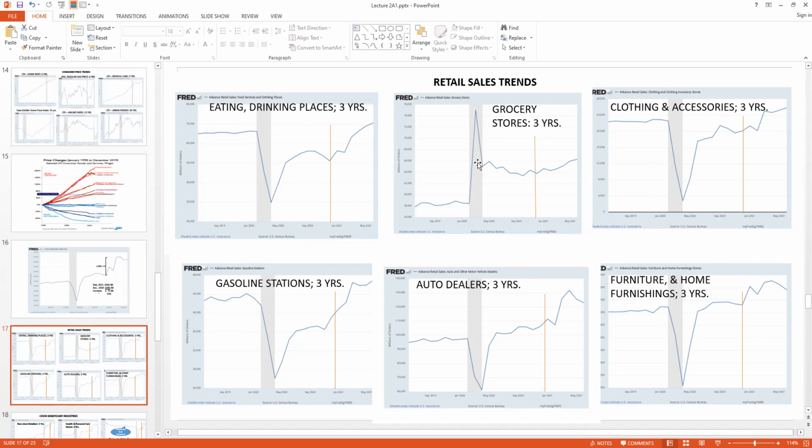You can see that here, as the recovery occurred, grocery store sales moderated, but have leveled off at a point which is substantially higher than the pre-COVID level, which tells me that a lot of people are staying home.